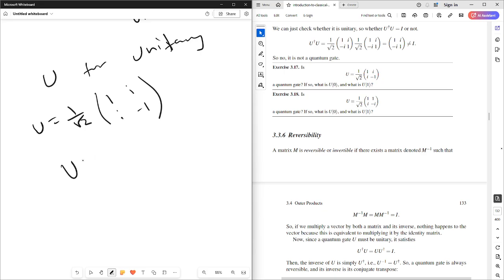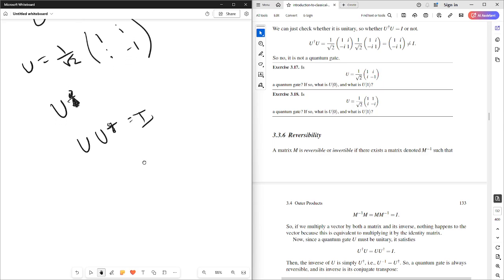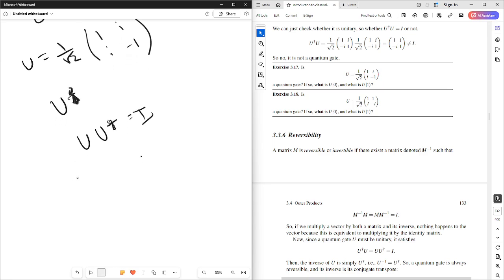So we need to calculate U dagger, and we need to determine that U dagger U is equal to the identity matrix. Let's check that out. U dagger is going to be equal to the conjugate transpose. So first we'll transpose it, so our imaginary components will switch places.